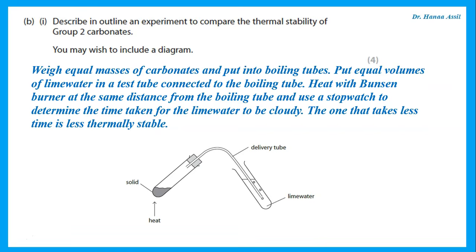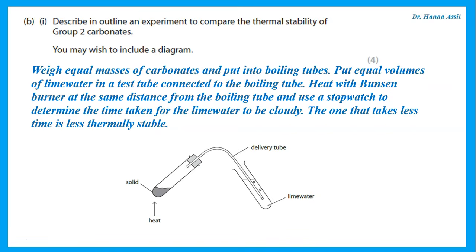If we're comparing between several carbonates, then we weigh equal masses of the carbonates, put into boiling tubes, put equal volumes of lime water in a test tube connected to the boiling tube, and heat with the Bunsen burner at the same distance.